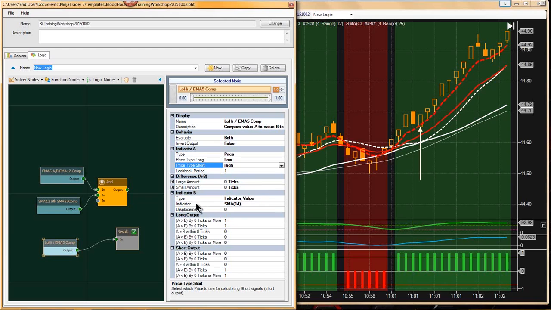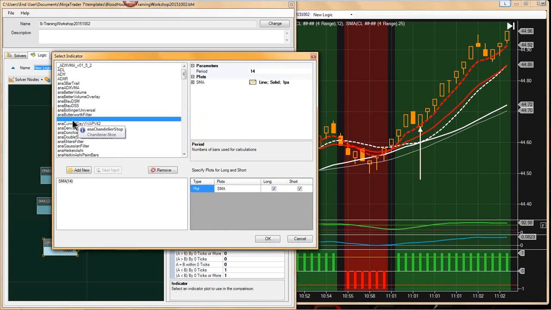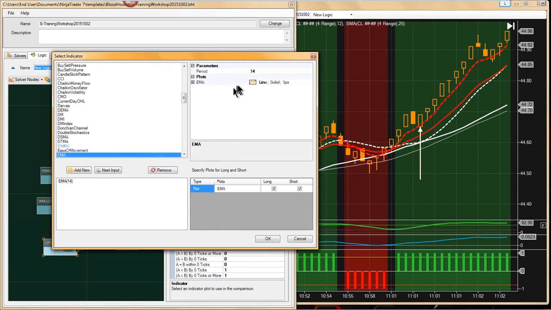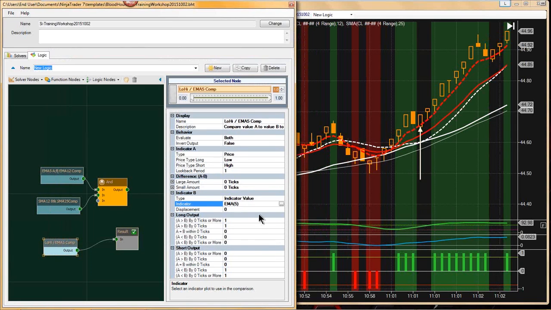Let's set indicator B to our EMA, EMA 5. And so now it's a matter of setting up our outputs here correctly.